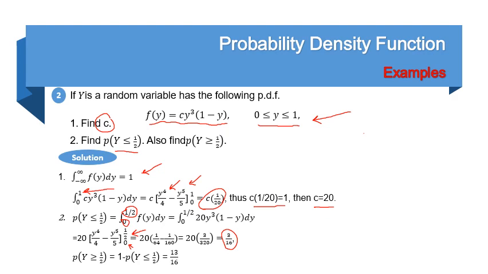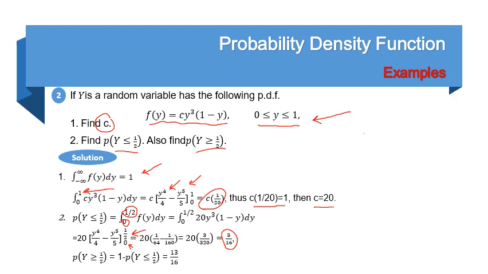The second part of the requirement here, the probability that y is greater than or equal to half, is the complement of the first one. Remember, in the first part, we got y less than or equal to half.